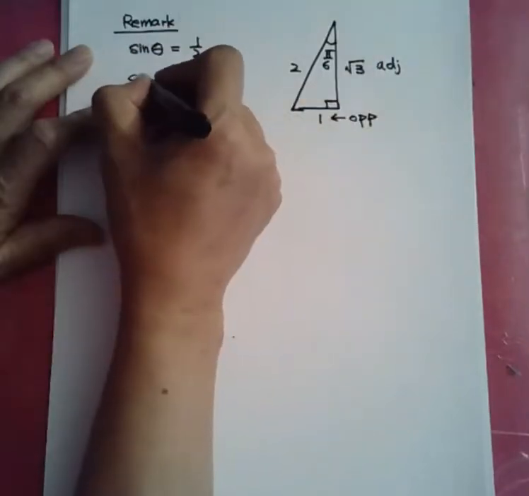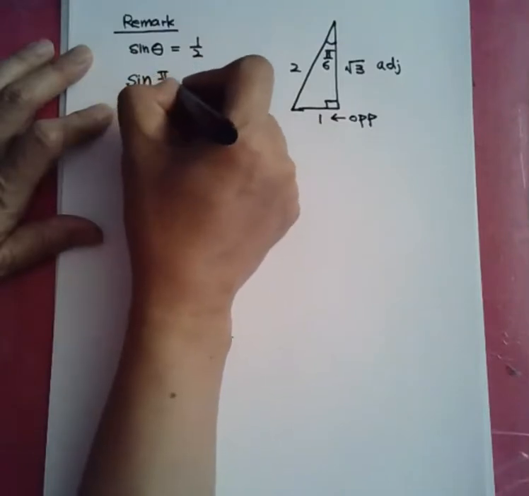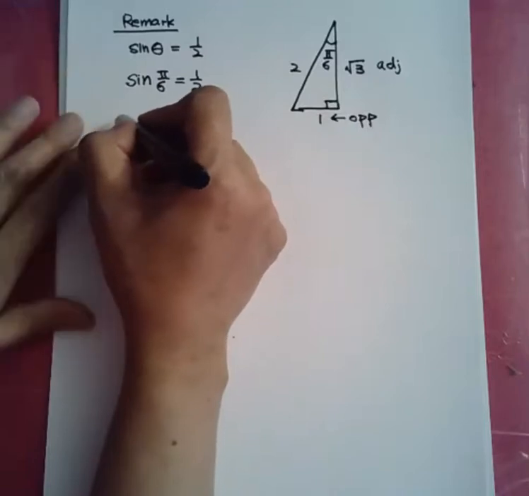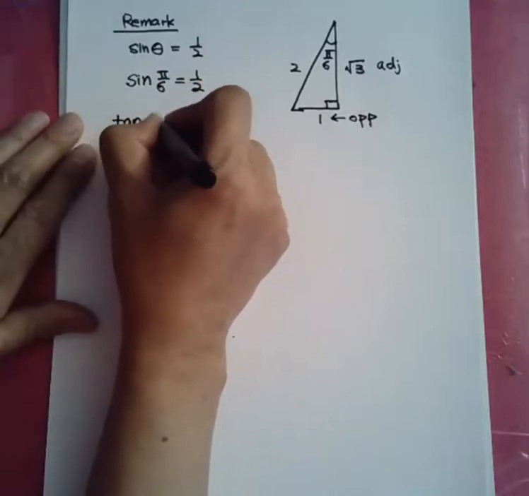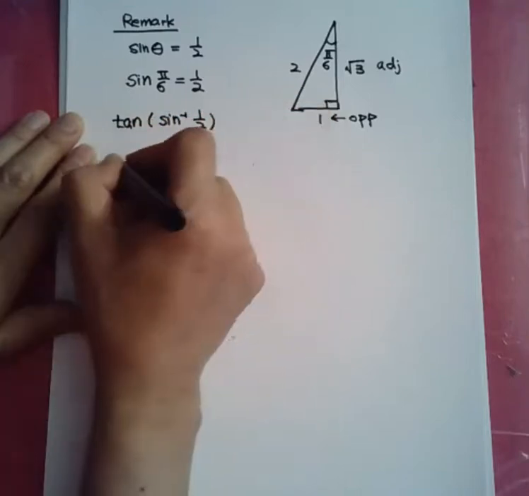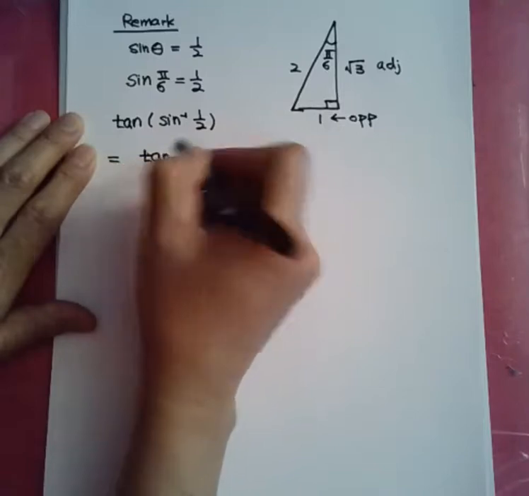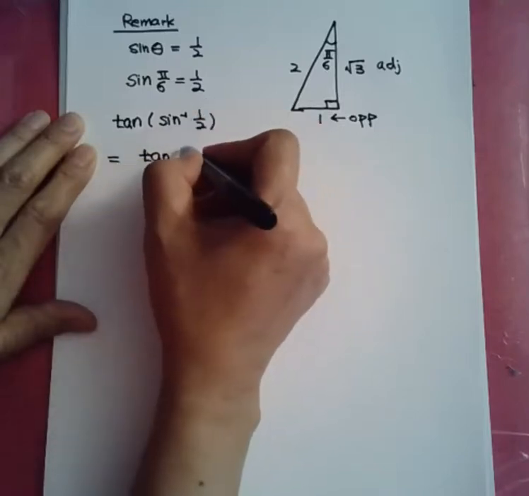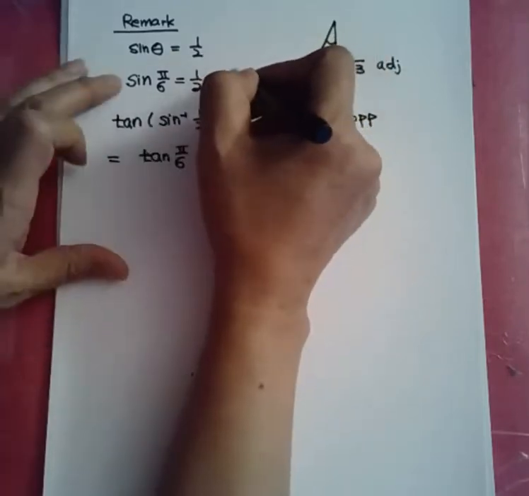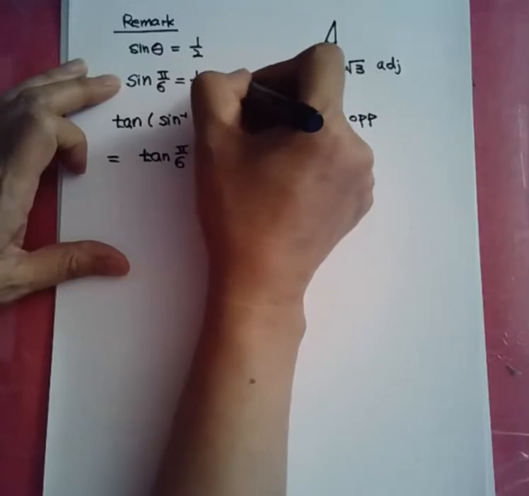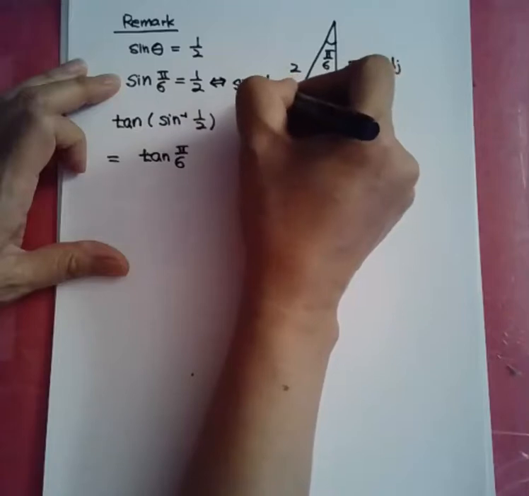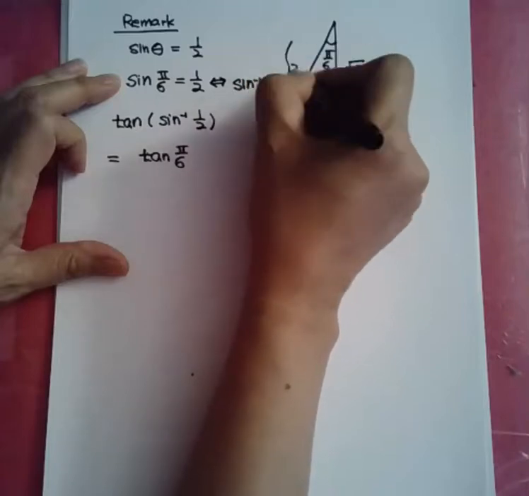So we can say that sine of pi over 6 equals 1 over 2. And then tangent of sine inverse of 1 over 2 equals tangent of pi over 6, because sine inverse of 1/2 equals pi over 6.